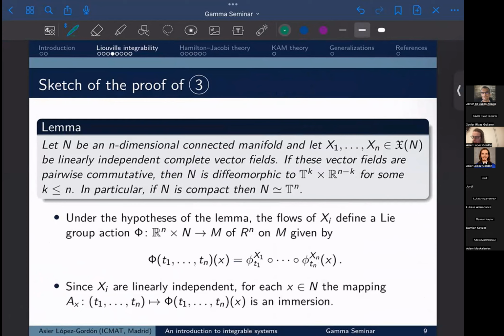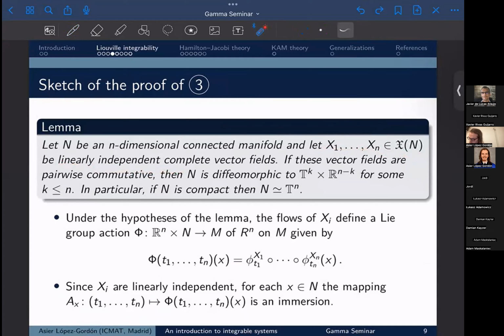That is, when we have a manifold, which I have called N so as not to confuse it with the symplectic manifold, of dimension n, and we have n vector fields tangent to it, which are linearly independent and complete. Complete means that their flows are defined for any real number, basically.